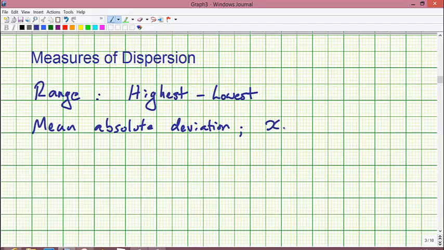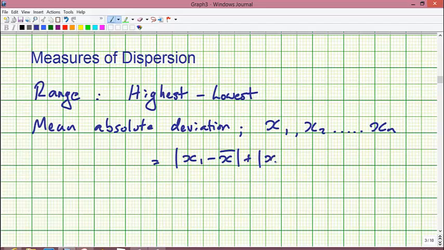If you have a set of data, x1, x2, up to xn, the mean absolute deviation is the absolute value of the distance between each data point and the mean of all of the data points.